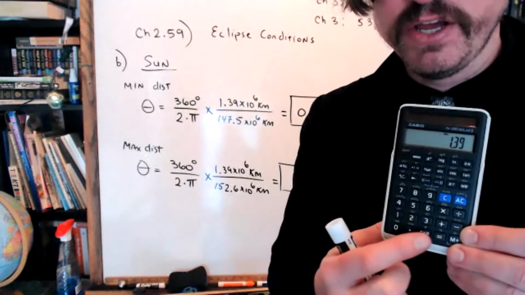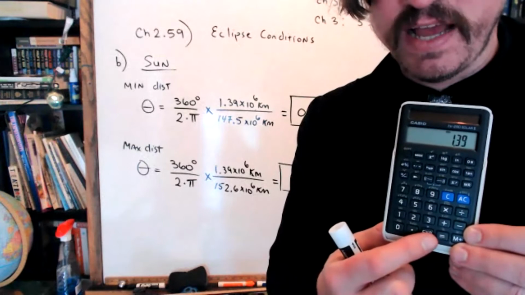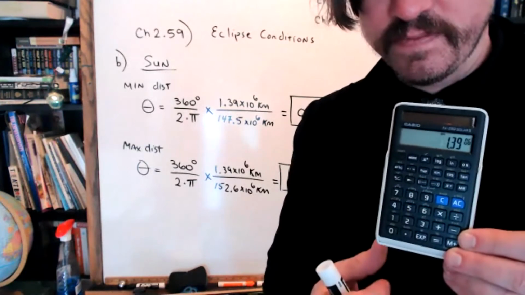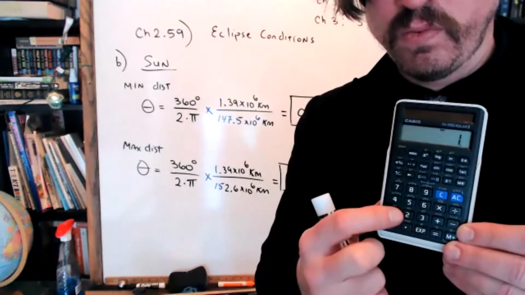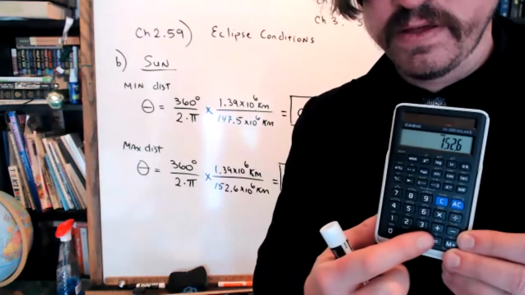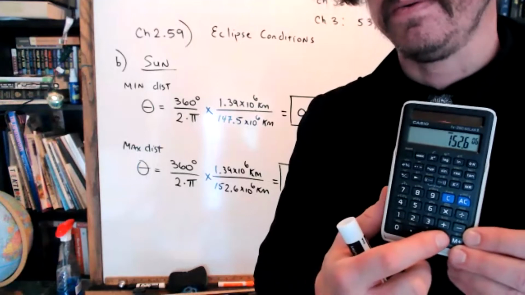I bet I know what you did. You have to use exp for times 10. Exp 6, divided by 152.6 exp 6, equals.